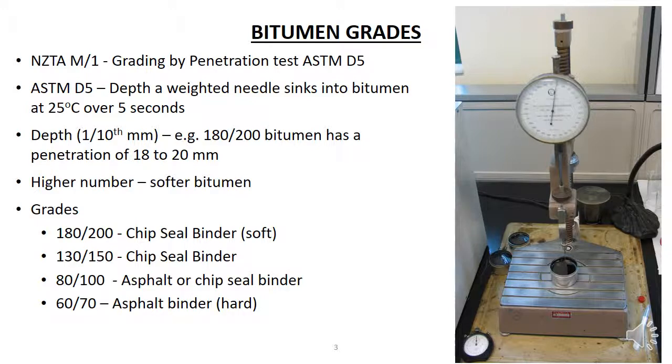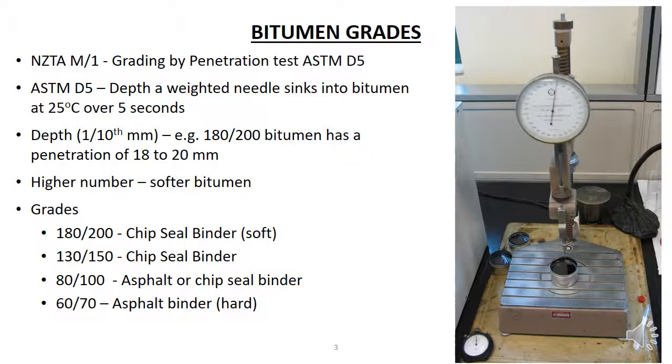Bitumen can vary in hardness, and in New Zealand, the bitumen grades are determined by the hardness of the bitumen. This hardness is determined by the penetration test, which basically involves measuring the penetration of a needle weighted by a 100 gram weight over a 5-second period. The amount of penetration is measured in tenths of a millimeter, and the bitumen is graded according to that value.